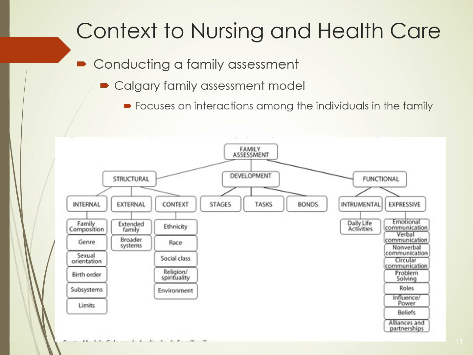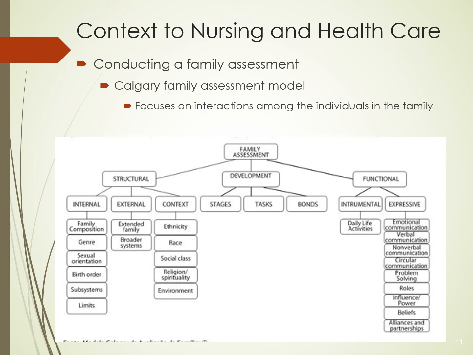The Calgary Family Assessment Model looks at three basic areas. They are looking at the structure of the family, including members of the immediate family, their gender, extended family relationships, and any outside factors that may influence them.